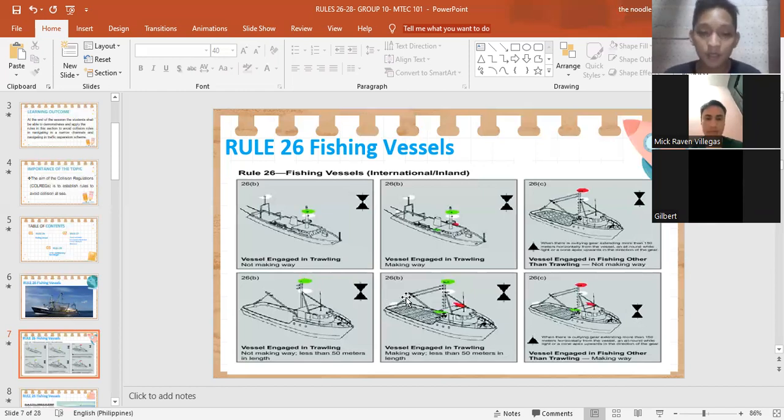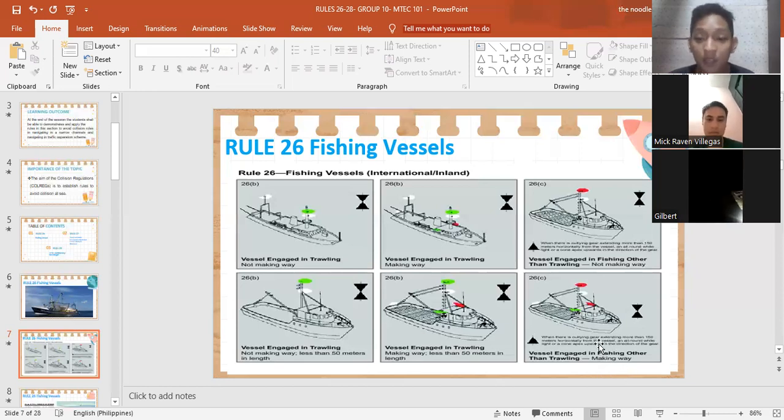It is also in subparagraph 26B, a vessel engaged in trawling, making way but less than 50 meters. It is making way because it has two sidelights, green for starboard and red for port.